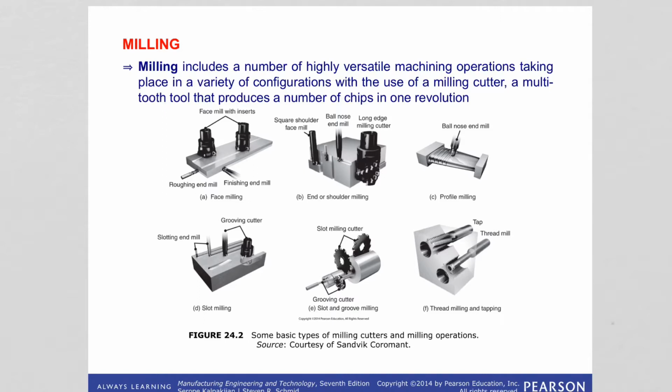Milling is a highly versatile machining operation by which a surface is generated by progressive chip removal. The workpiece is fed into a rotating cutting tool, or the workpiece remains stationary and the cutter is fed to the work.